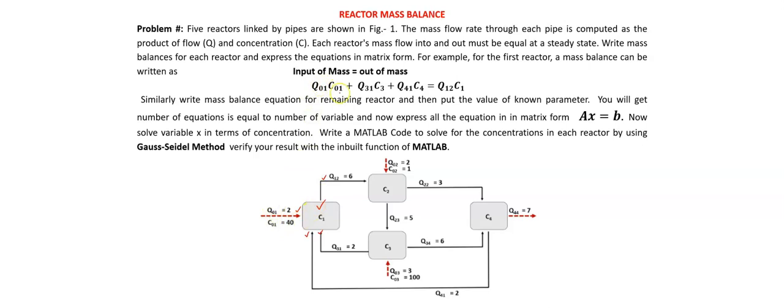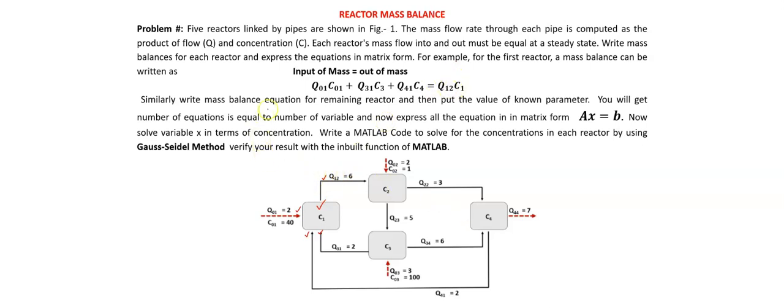So Q01, C01 is the input, Q31, C31 is again input. Another stream is coming from reactor 4, Q41, C41, so that is also input, is equal to output of mass, Q12, so that is output from the reactor 1, Q12 into C1.